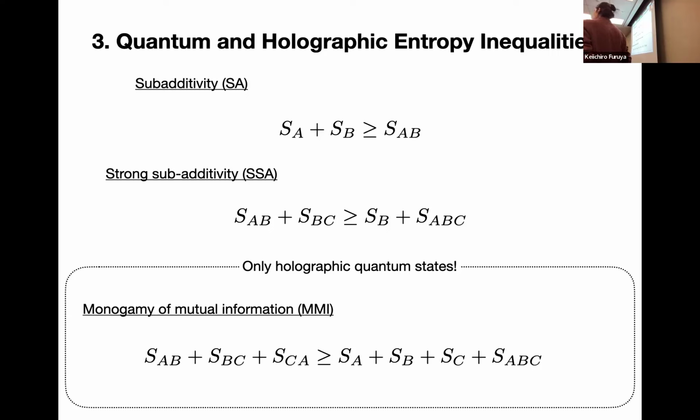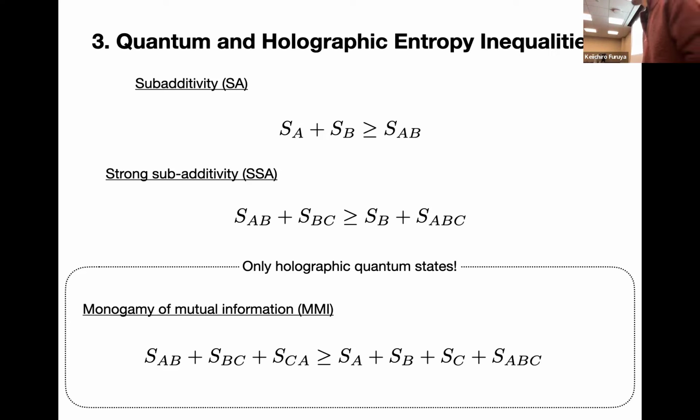A quantum state that has a certain entanglement pattern satisfies the MMI, and some does not. These certain quantum states don't have to be holographic. When I say that, it means that I don't have a spacetime metric that is dual to the theory you have.